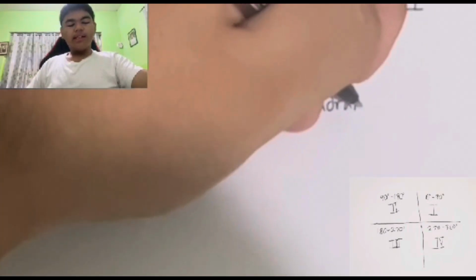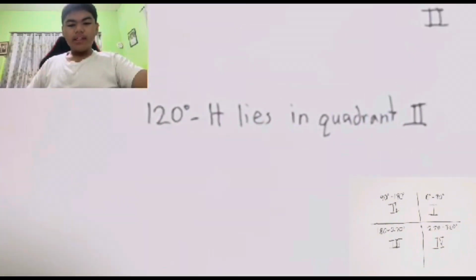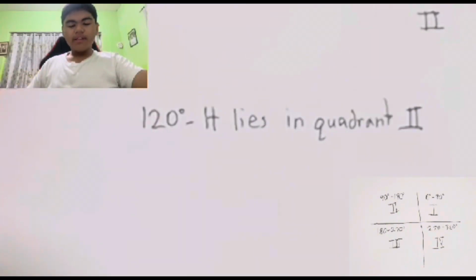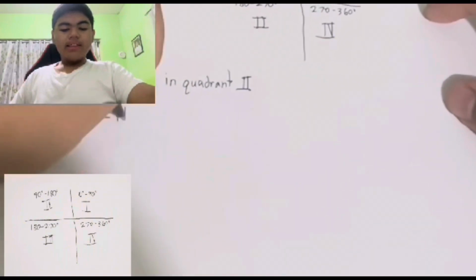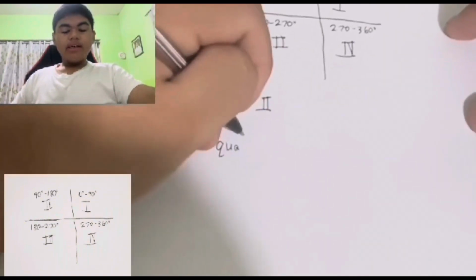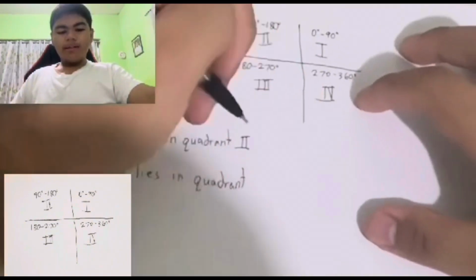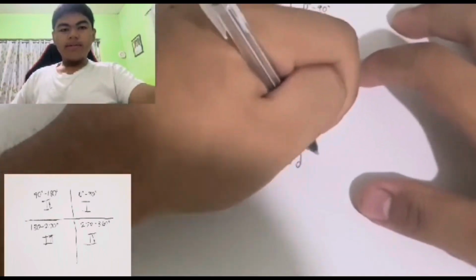We have here a sample problem: 120 degrees. As we can see, it lies in quadrant 2 because it is between 90 degrees and 180 degrees.